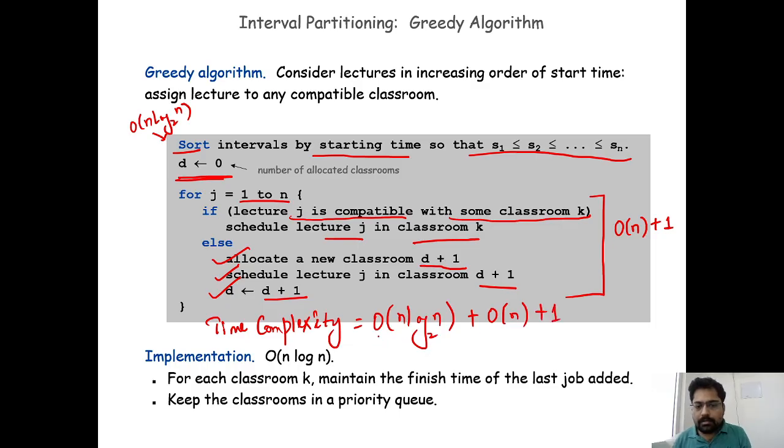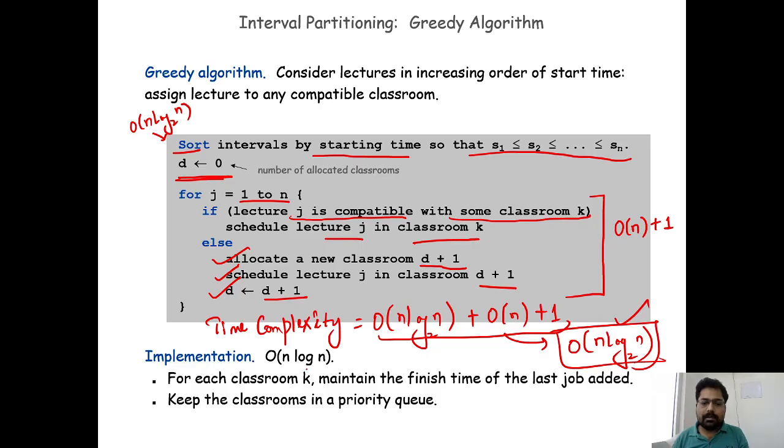Out of this, the maximum is n log n base 2. This is the maximum one, that's why the time complexity for interval partitioning is n log n.